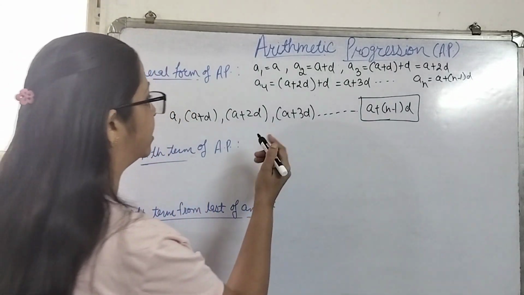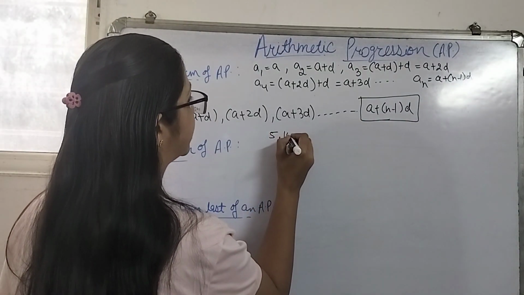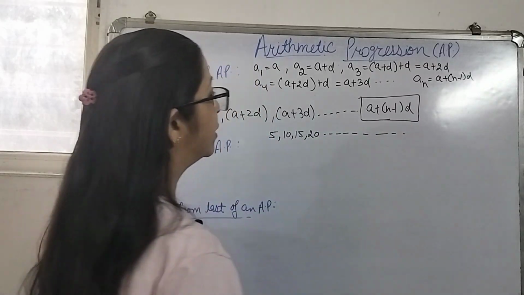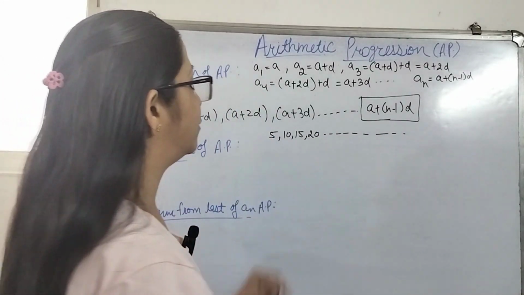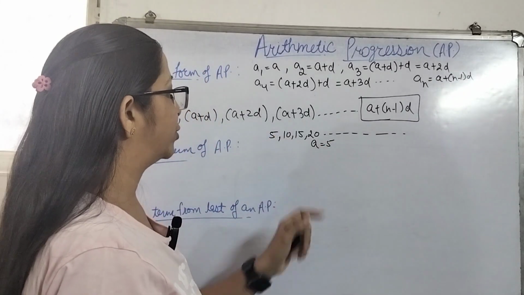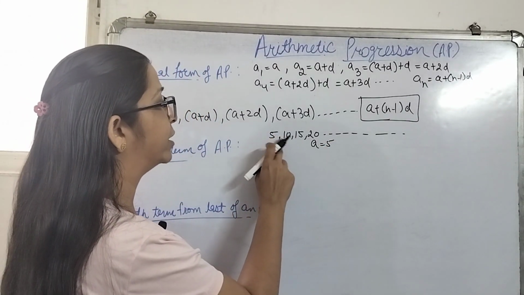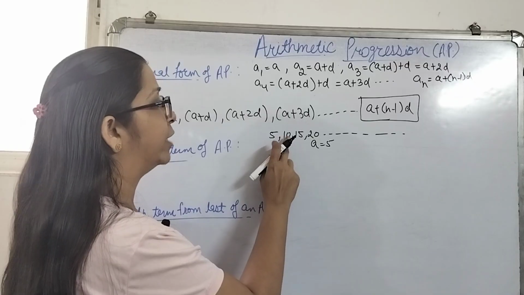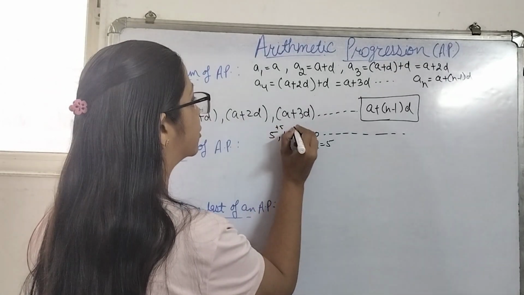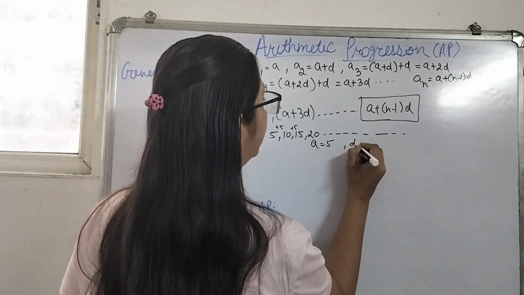Suppose I am taking the series as 5, 10, 15, 20 and so on. So here we can see that the first term of the AP is 5. For the common difference, if we add 5 to 5, we get 10. If we add 5 to 10, we get 15. That means the common difference is 5.